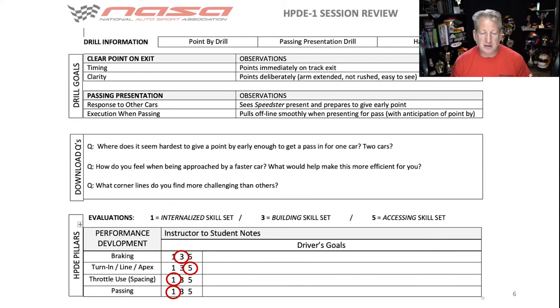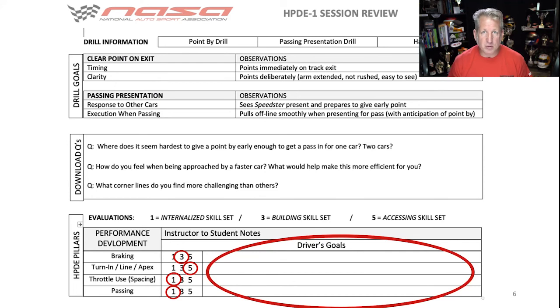So you are taking your pencil and you're circling those, and then you're filling out some driver goals. And here's what we're looking for here. This is your section right here. This is documenting communication for the student. This is essentially what you should do next time. And if you're wanting to use this for your own notes or for their notes, you're welcome to, but we need you to fill those out.